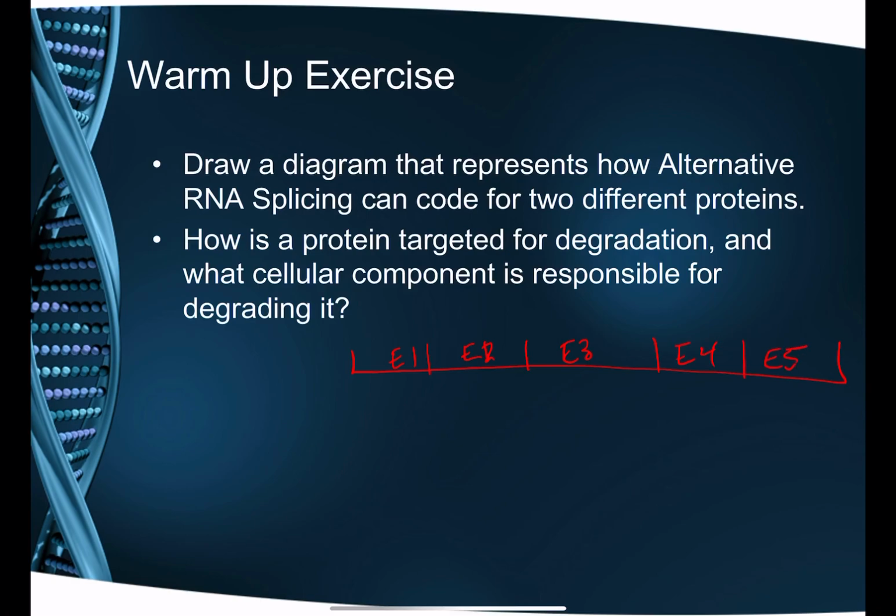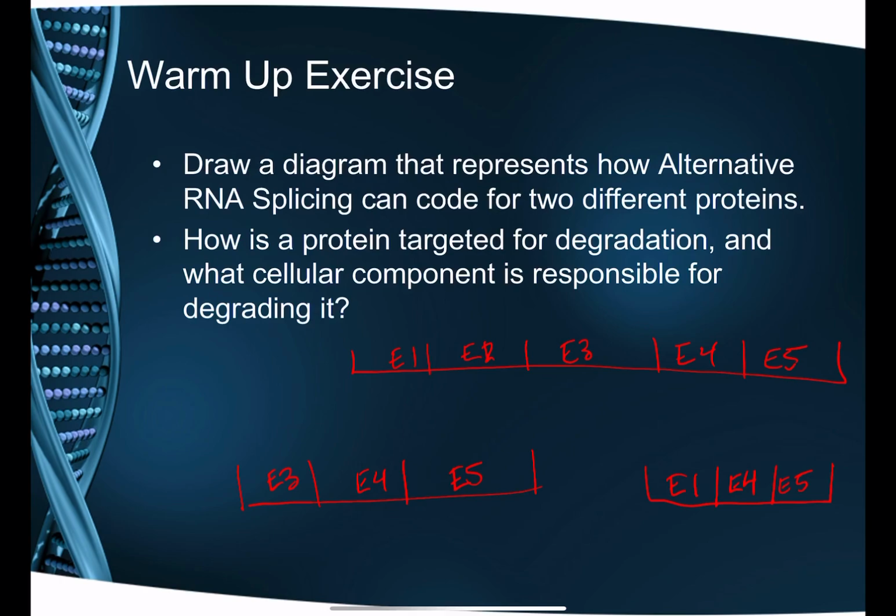And those introns have already been spliced out in post-transcriptional modification, but you see that we have exon 3, exon 4, and exon 5 that could make one protein. You could have exon 1, exon 4, and exon 5 that make another protein, and lots of different combinations thereof.